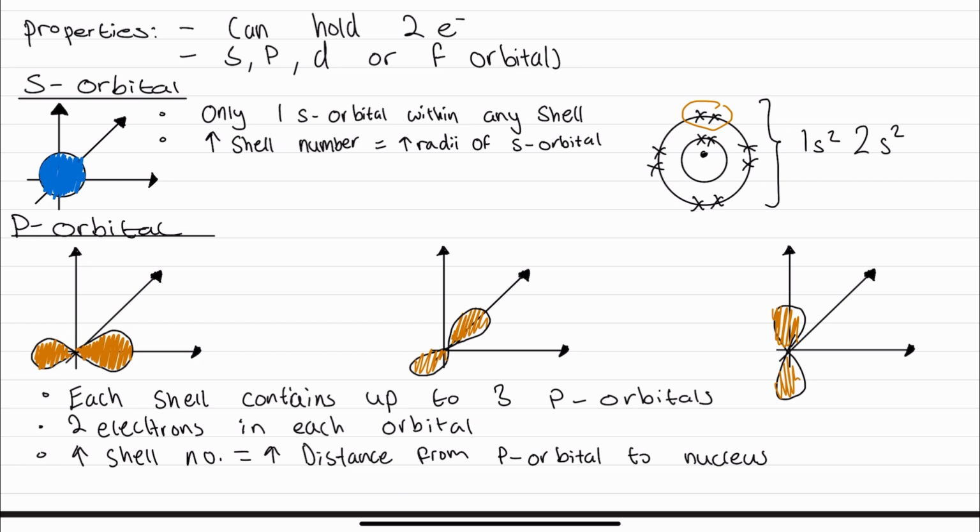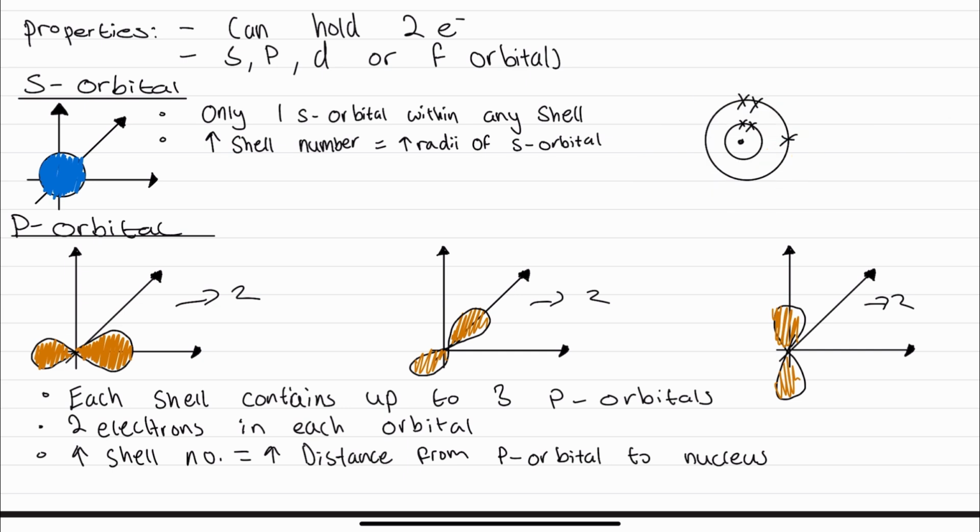So that means we can do 2p. Now if each p orbital can contain 2 electrons, then in total, this has 2, this has 2, this has 2. We can have a maximum of 6 electrons within this p orbital. So if we're counting how many we actually have, we have 1, 2, 3, 4, 5, 6 remaining. So therefore, this is 2p6.